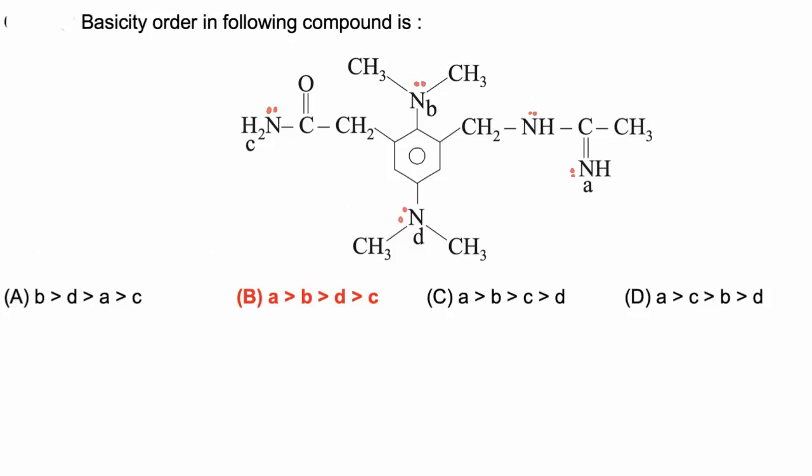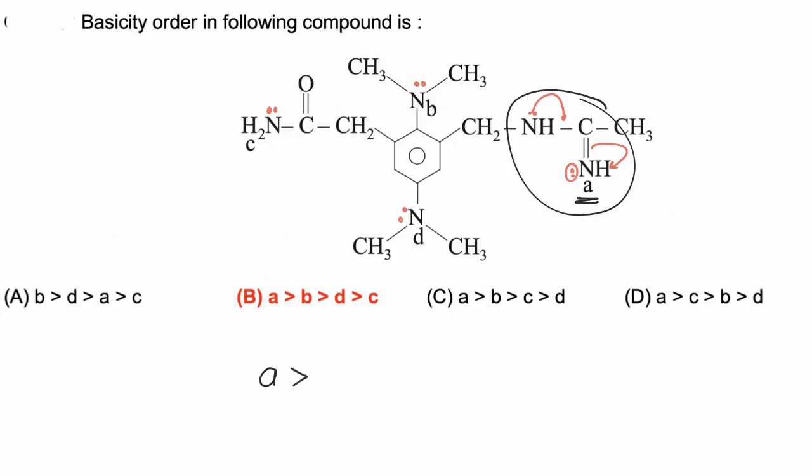Now in case A, nitrogen has a localized lone pair which is comparatively more basic, and this nitrogen atom donates its electrons to the other nitrogen, and hence electron density is maximum at A. This is an imidine system, and this part will be the most basic among the others. So A is most basic.